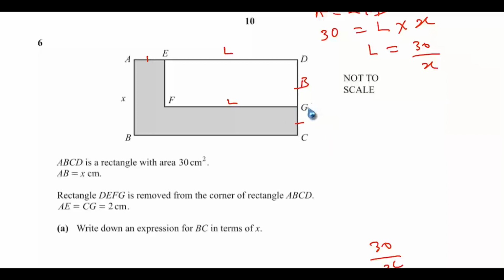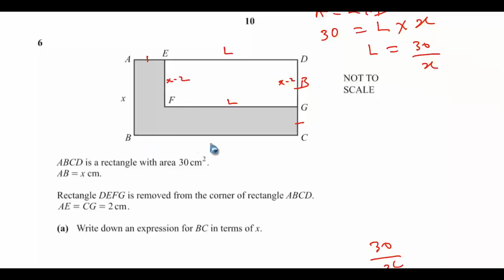From the given information, we know that AB is equal to x, so DC will also be x. But we know that GC is already given as 2, so DG will be x minus 2. So the breadth here will be x minus 2, and this place will also be x minus 2.